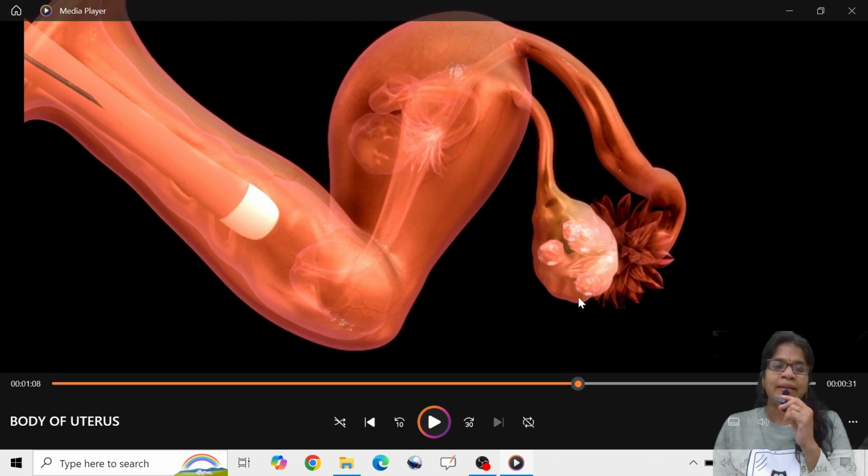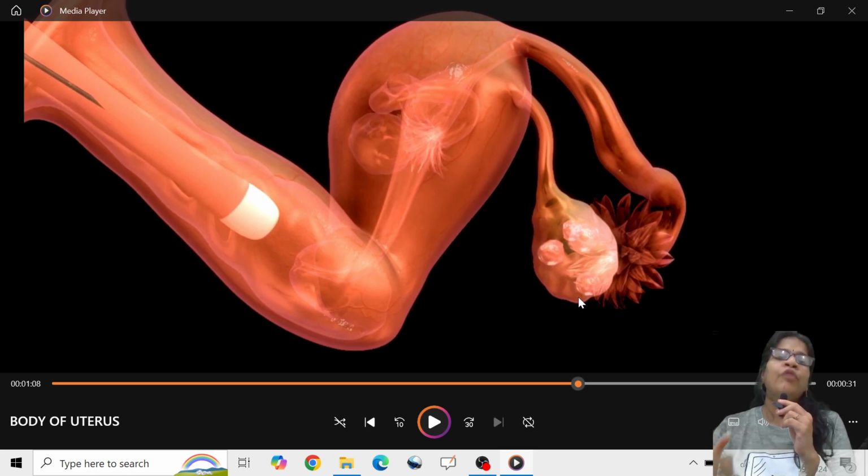So the egg variety and the quality of the egg, and also the age of the egg, everything depends on it. As the age grows, the quality of the egg goes down. This is a normal thing, right? So though many eggs are present in the ovaries, only one has to get matured every month.